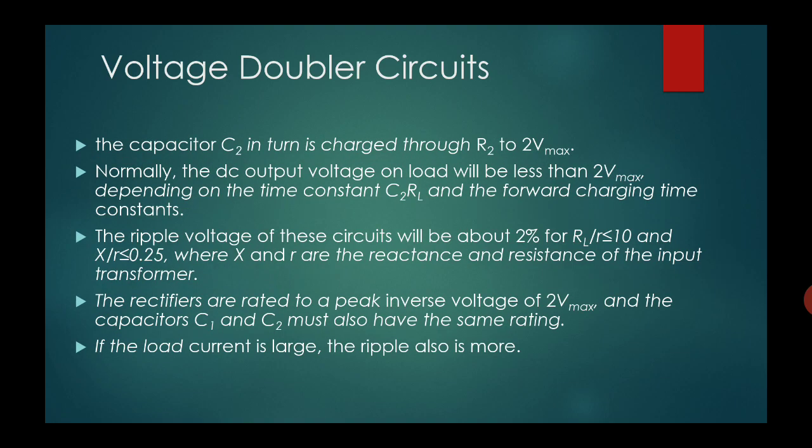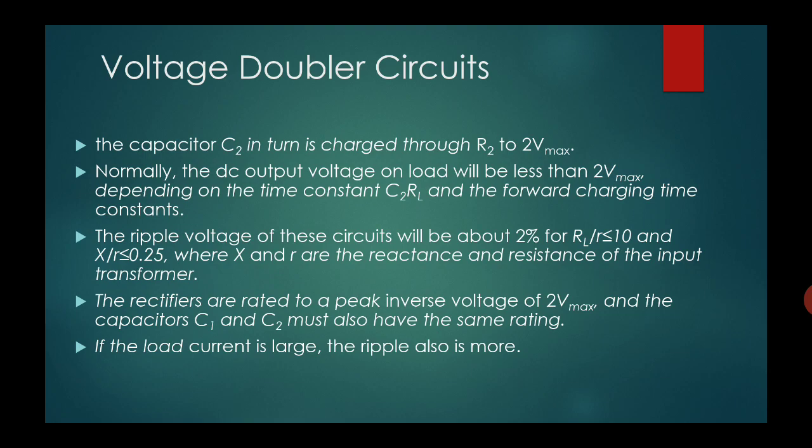The capacitor C2 in turn is charged through the rectifier R2 to plus 2 Vmax. Normally the DC output voltage on the load will be less than plus 2 Vmax, depending on the time constant of C2RL and the forward charging time constant.